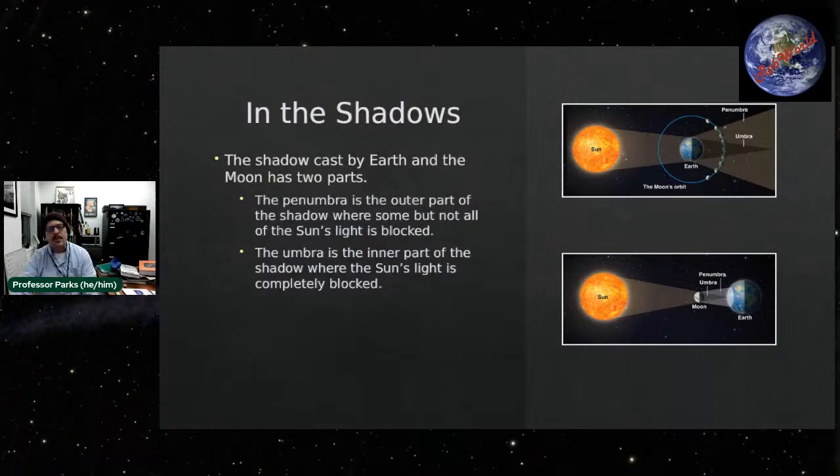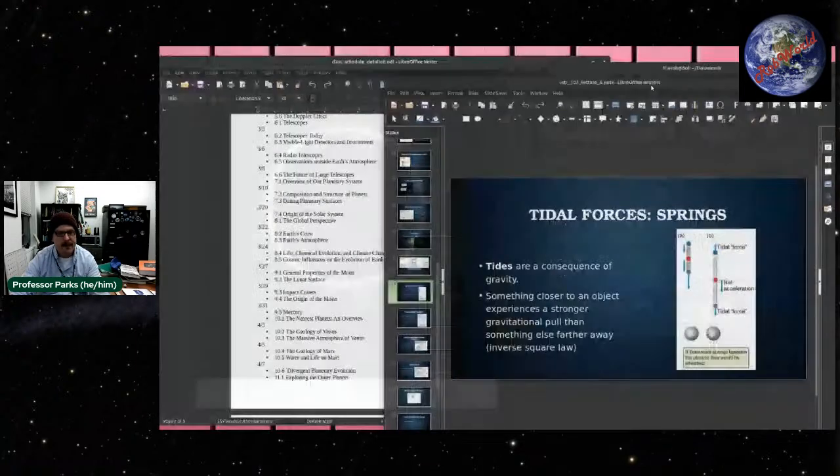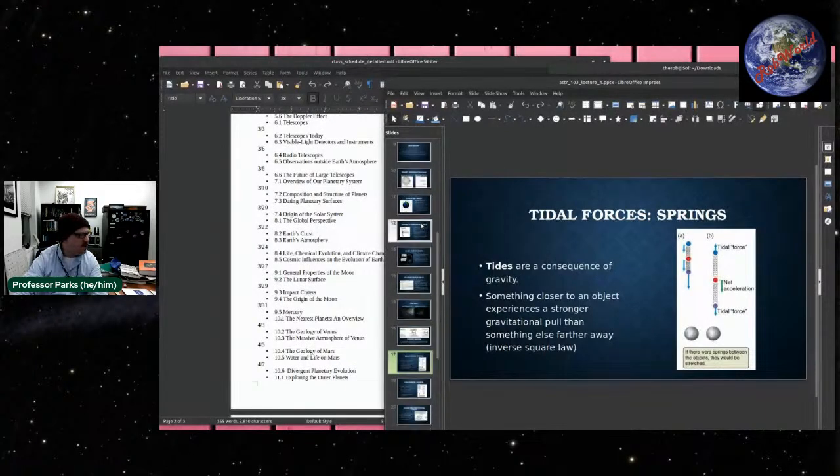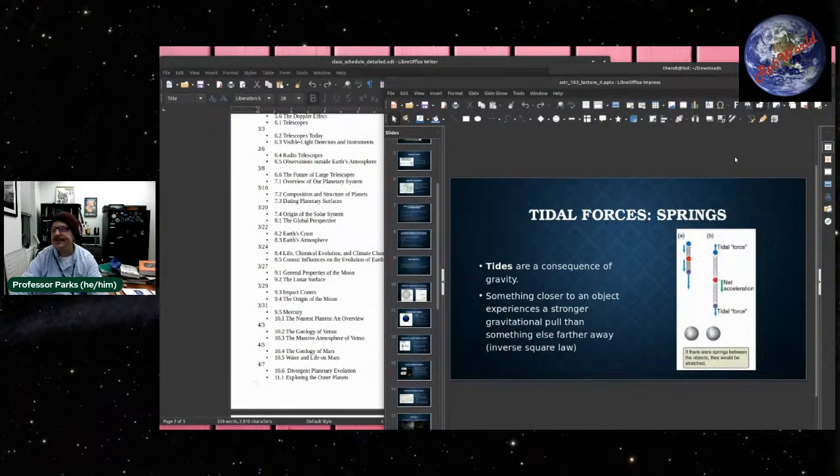Now, total is when you are... I'm really not happy with these slides. I'm going to see if I can find better ones. I know this is very, very professional of me, but let's go with that.